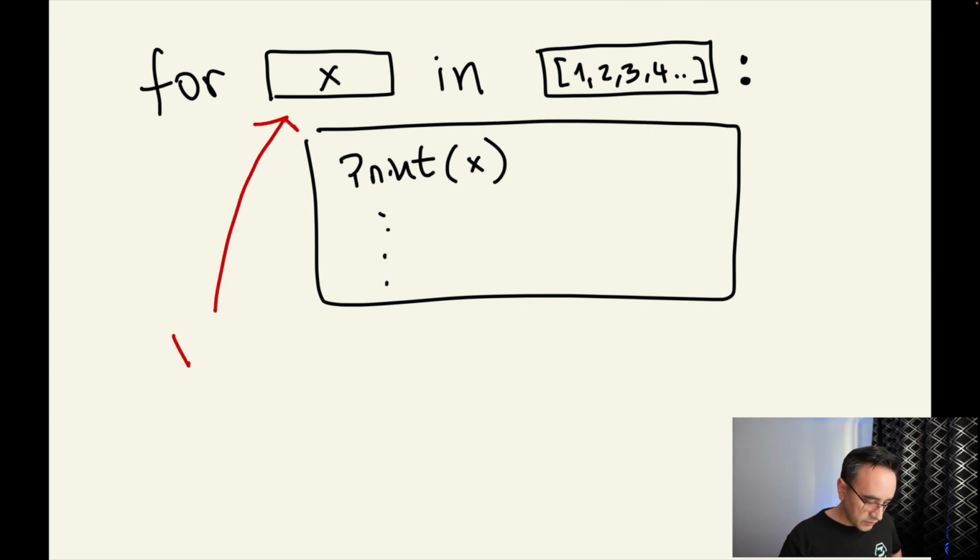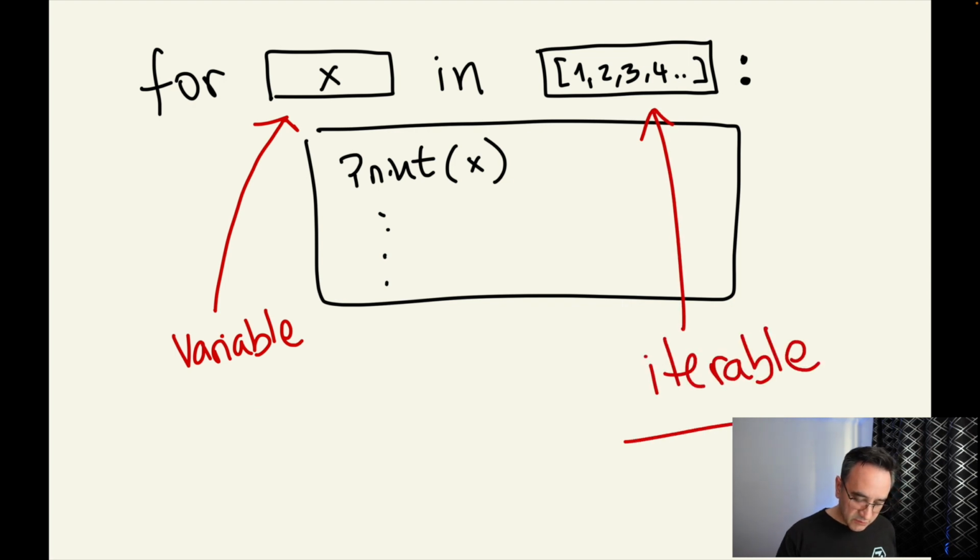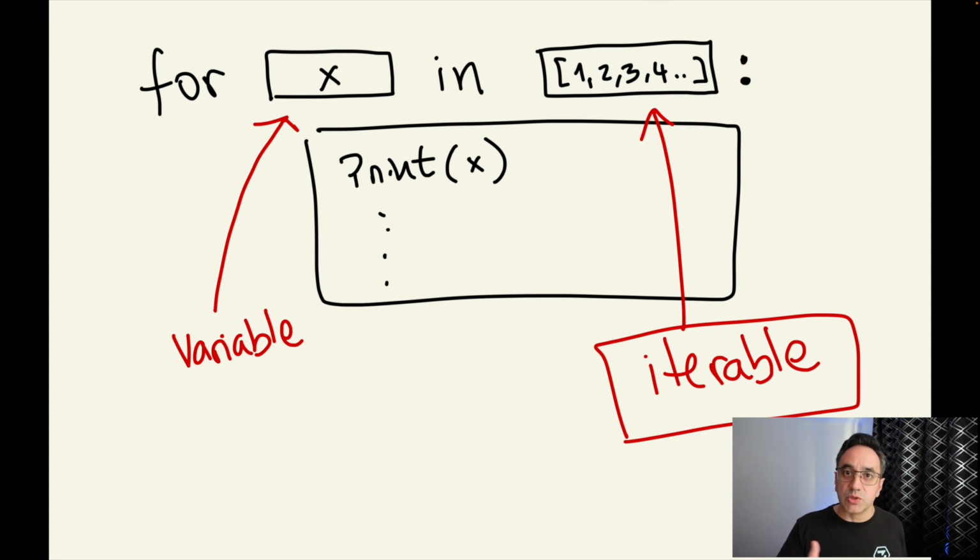This part here is called the variable, and this part here is called the iterable. The meaning of this is that this object, which usually is a collection, is an iterable object. It's an object capable of returning a value of its contents every time it is queried.